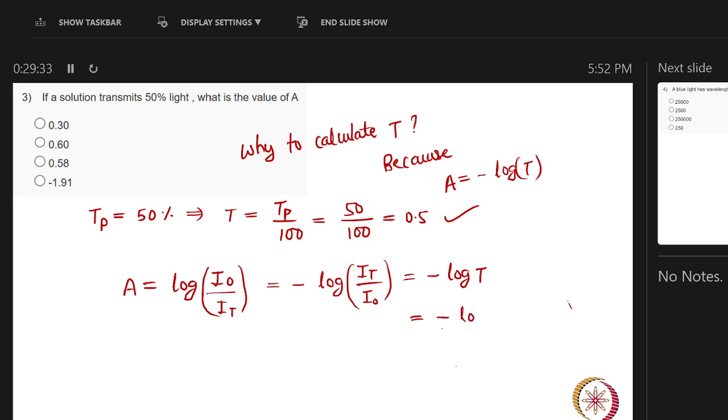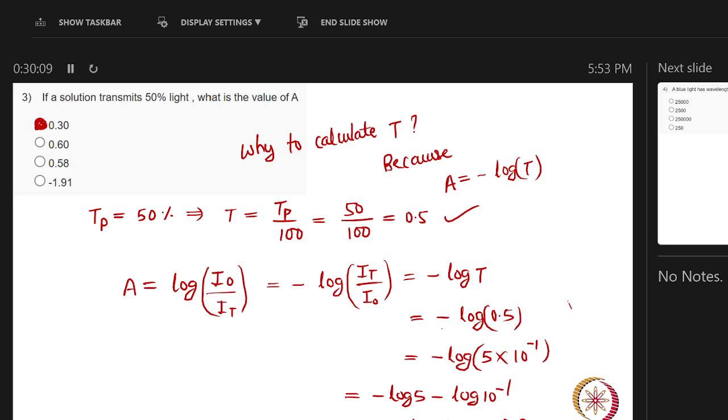So we plug in 0.5, which is 5 into 10 to the power minus 1, that is minus log 5 minus log 10 to the power minus 1. So it is minus 0.7 plus 1, and we get something like 0.3. So this is the correct answer.